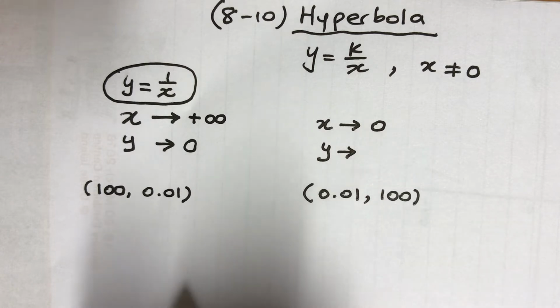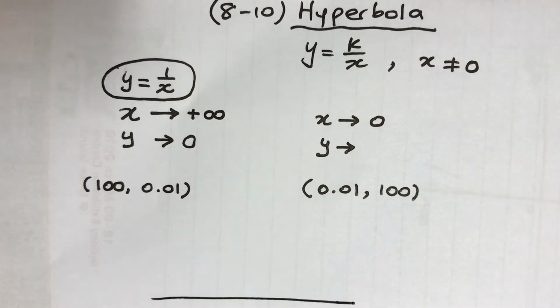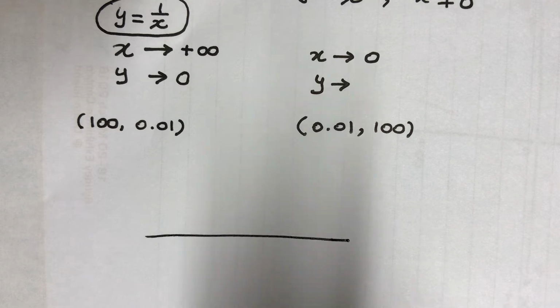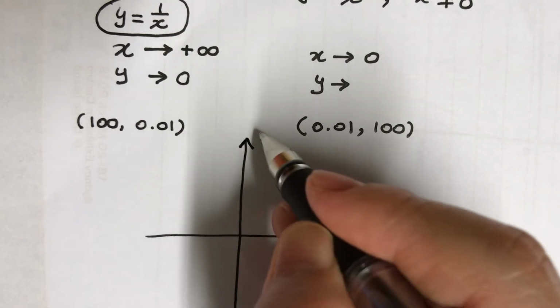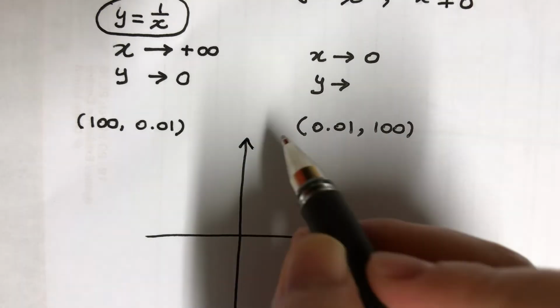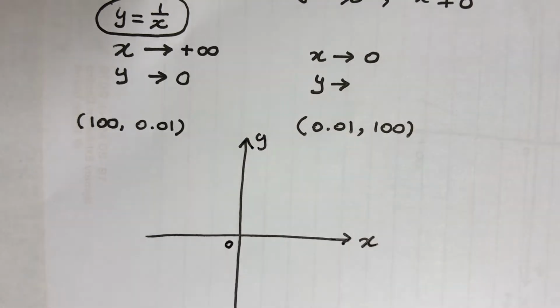In graph terms, I'm just going to look at the graph. I'm going to push this up a little. We haven't talked about when the x value gets negative, but first, let's think about positive.